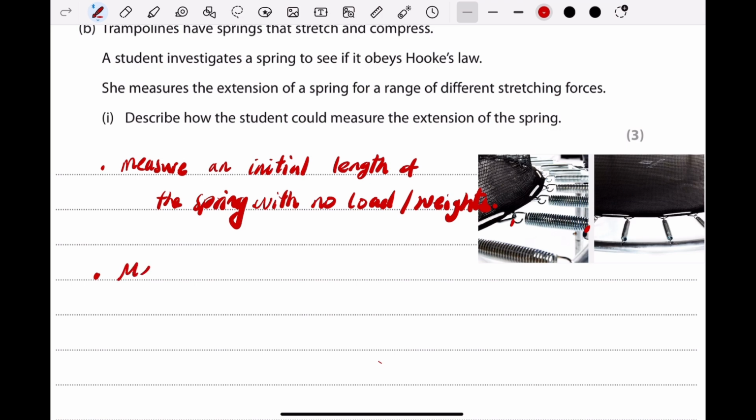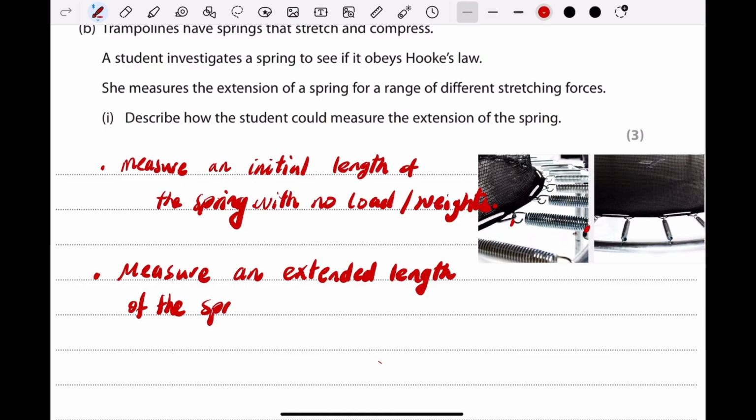Point 2, we are going to measure an extended length of the spring with load or weights.